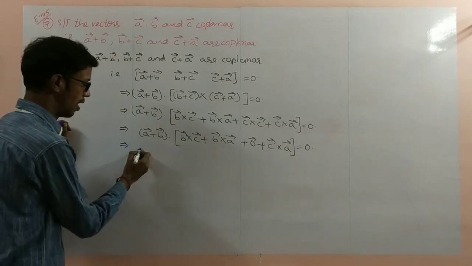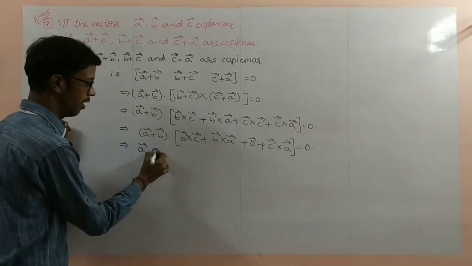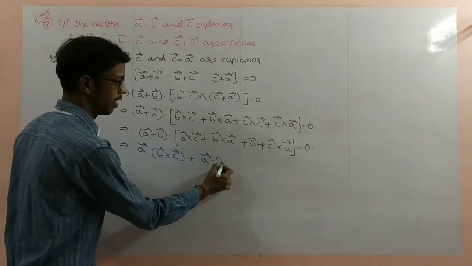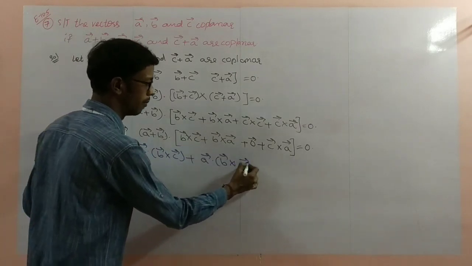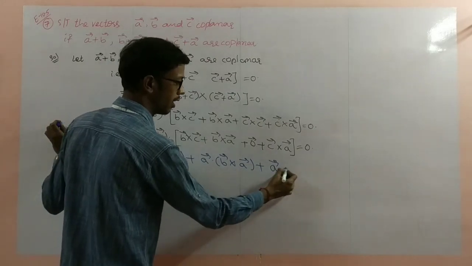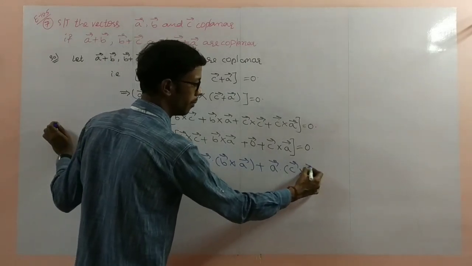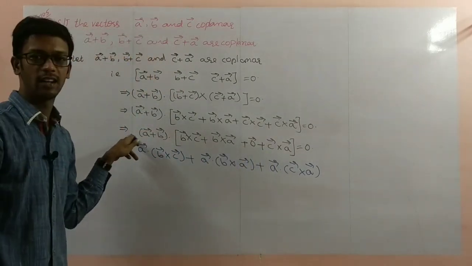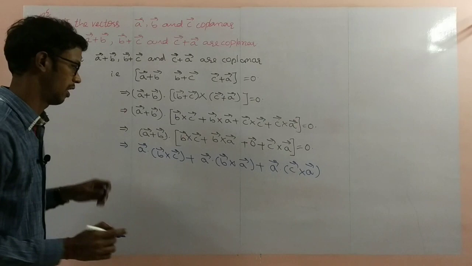A bar dot of B bar cross C bar plus A bar dot of B bar cross A bar plus A bar dot of C bar cross A bar. Here a 0 vector is there. 0 vector into any vector is 0, so no need to write that term.